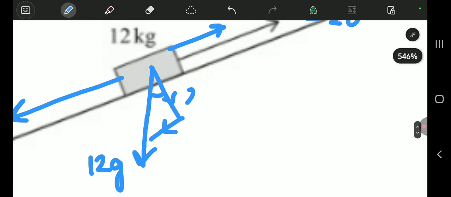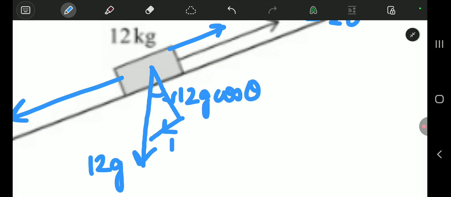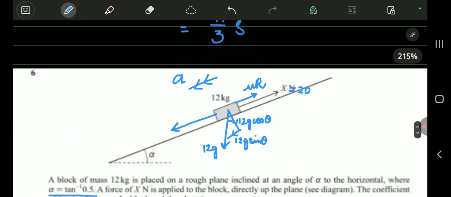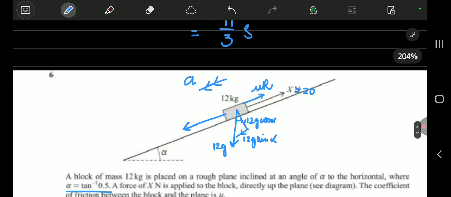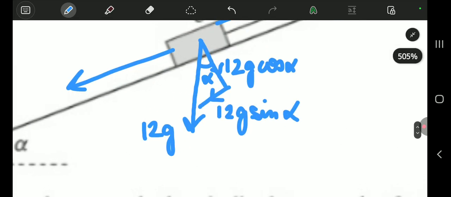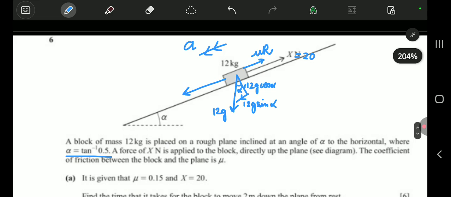This is your theta, so 12g cos theta and 12g sin theta. Okay, alpha. This is your alpha. These are all the forces that are acting.